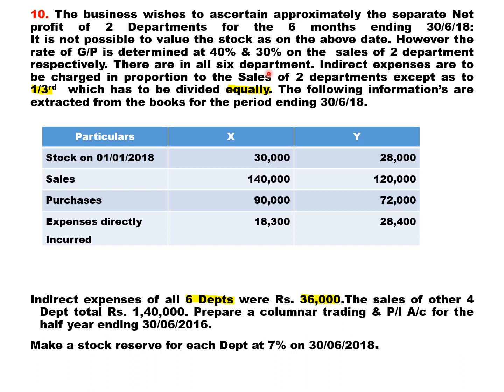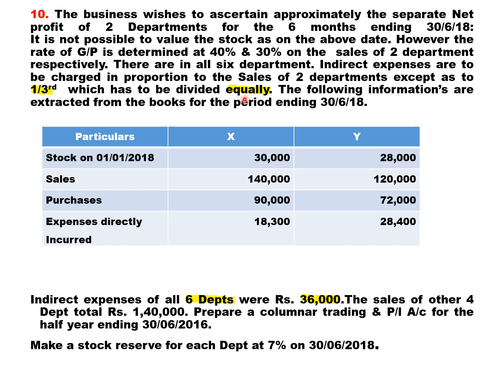We don't know the names of the other 4 departments, so we should bother only about Department X and Department Y. There are totally 6 departments, but we should work out only for 2 departments, X and Y.